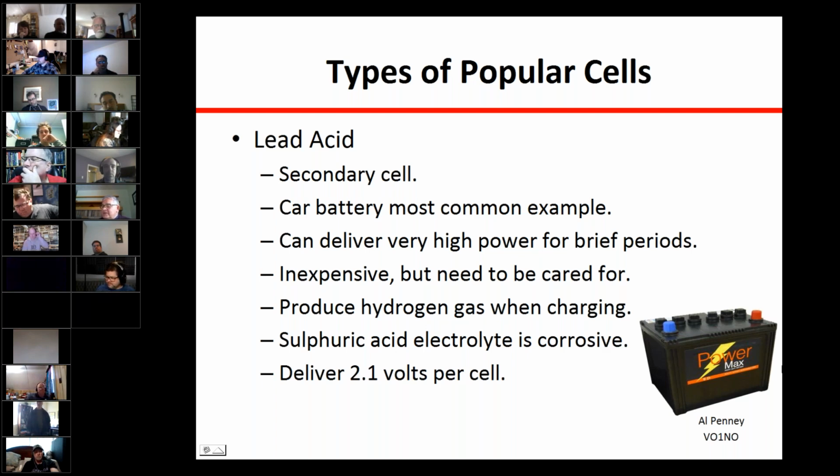Anyway, they're designed more for lower currents for longer periods, like we'd use in an RV or in a boat. Marine battery, absorbent, that's it, absorbent glass mat. Okay, so it's the same principle, but they're designed a little bit differently so that you can get lower currents for longer periods.